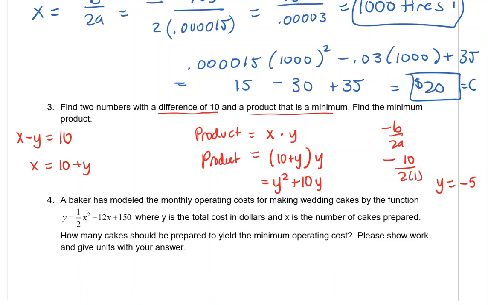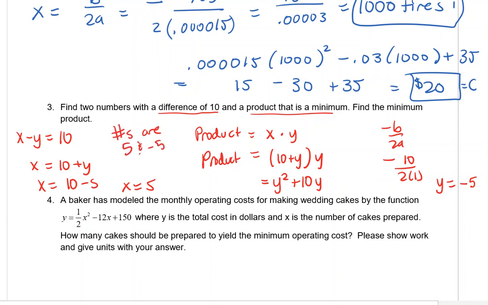So if y is negative 5, we're going to have x equals 10 minus 5, so x is 5. So my two numbers are 5 and negative 5. That product will be the smallest. So the product there is negative 25.